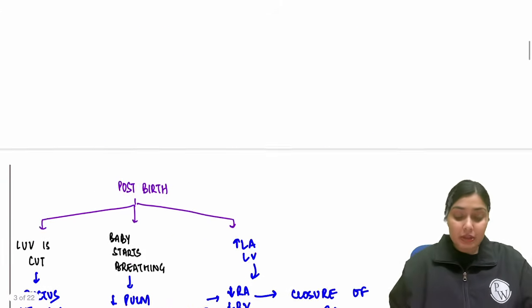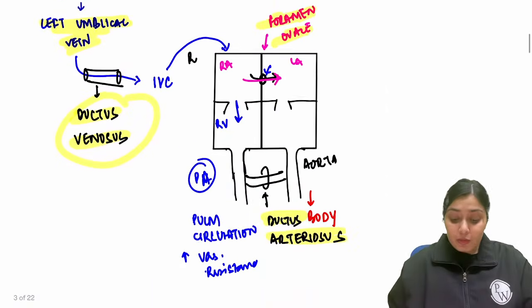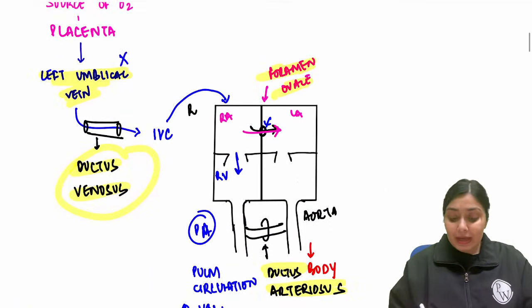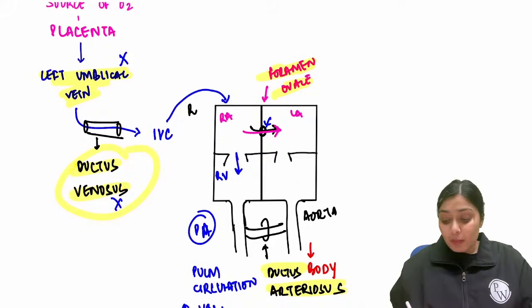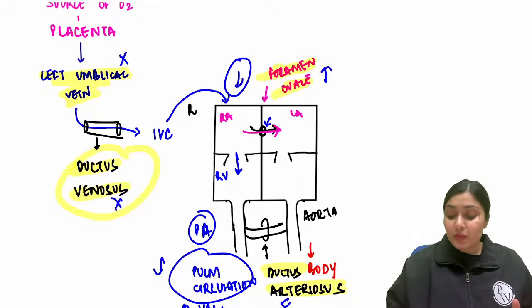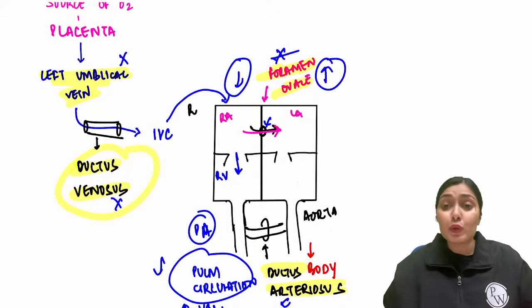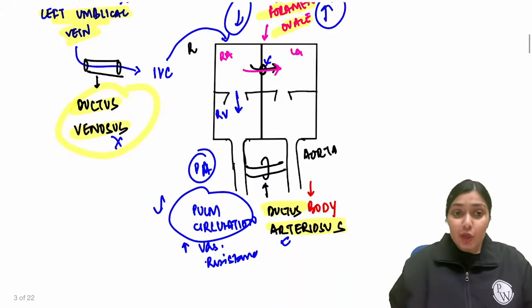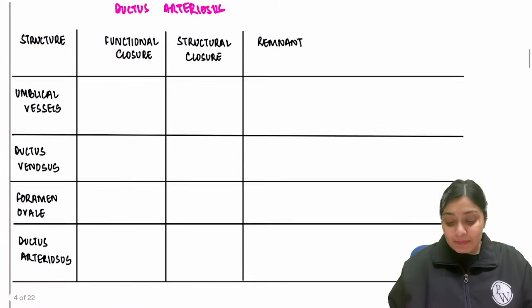The left umbilical vein is cut, so ductus venosus closes, pulmonary vascular resistance decreases. So this ductus arteriosus will close, right-sided pressures will decrease, and the left-sided pressures will increase. So this foramen ovale will also close.